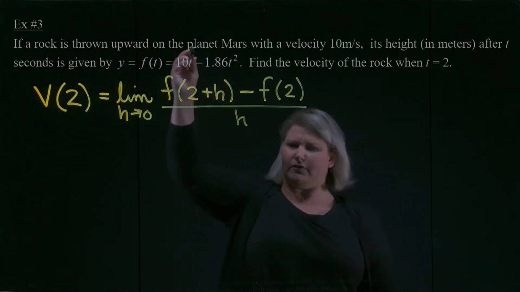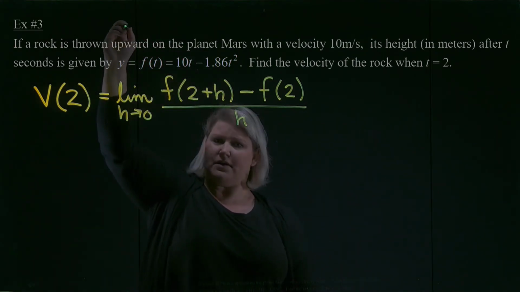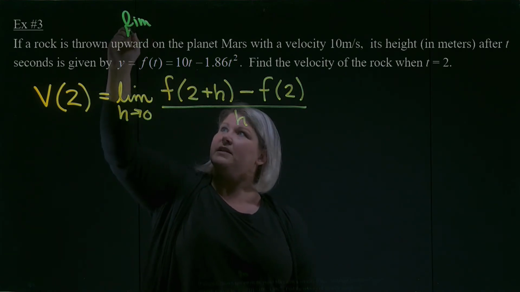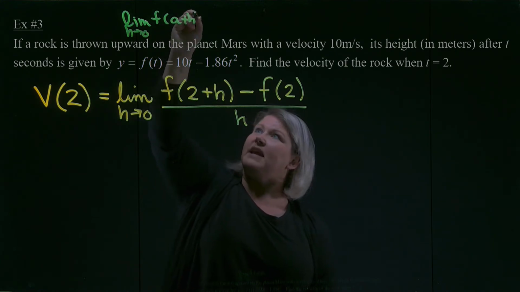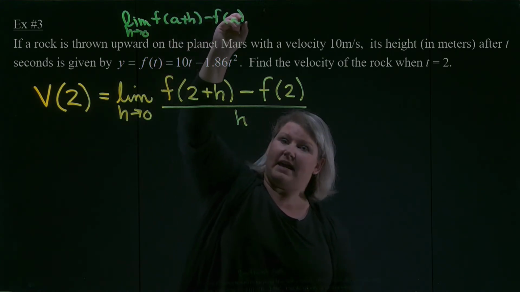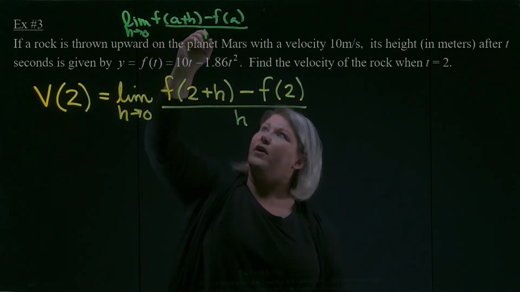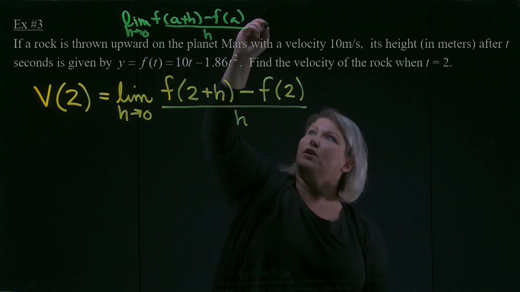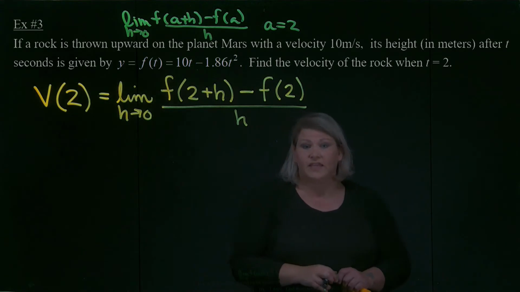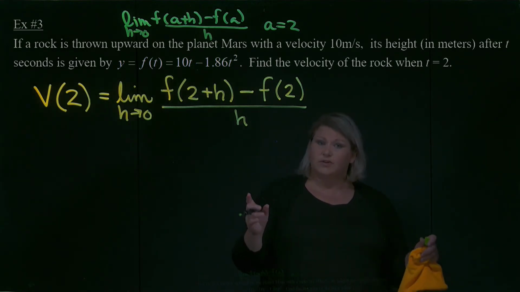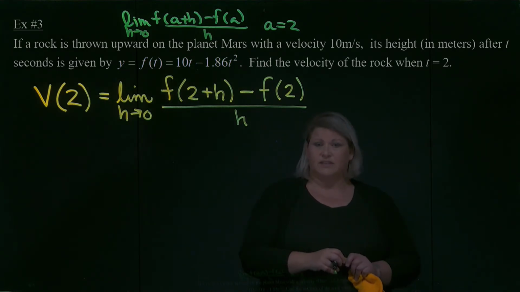Remember the general formula. The general formula is the limit as h approaches 0 of f of a plus h minus f of a, all over h. And in this case, we're looking for the velocity at 2, with t equals 2 or a equals 2 in this particular case for this formula.